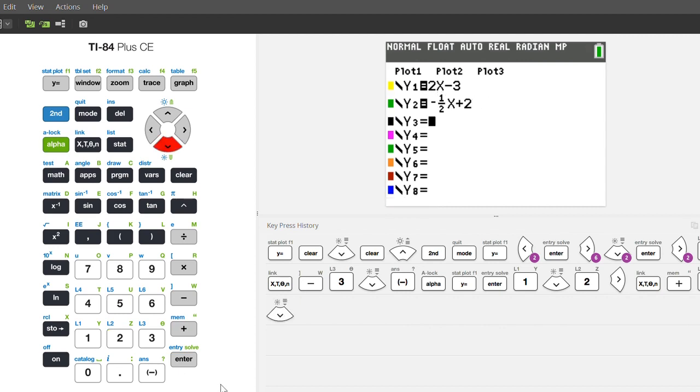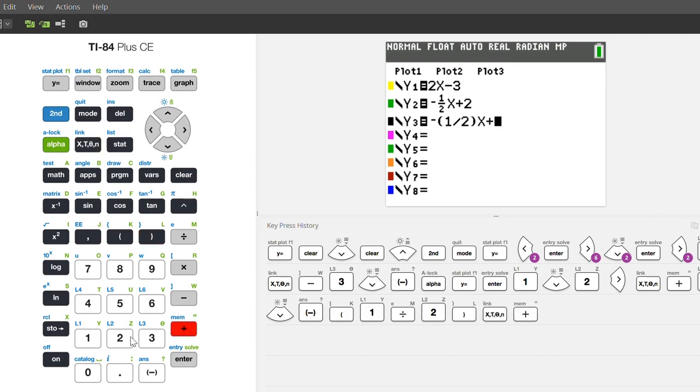If your graphing calculator cannot do the vertical fraction, you can still put this in. So in Y3 here, I'm going to write the same exact equation, but with a different way of writing the fraction. I'm still going to go negative, but now I'm going to go parenthesis 1 divided by 2, close parenthesis, x plus 2.